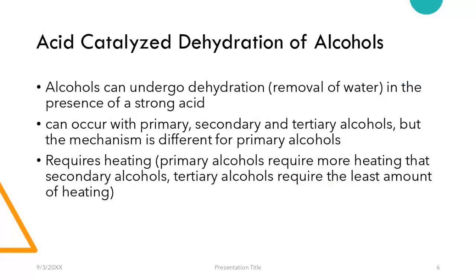Okay, so the next reaction of alcohols you need to know is dehydration. Alcohols can undergo dehydration, which just means removal of water, in the presence of a strong acid. It can occur with primary, secondary, and tertiary alcohols, but the mechanism is different for primary alcohols, which I'll go over in just a second.